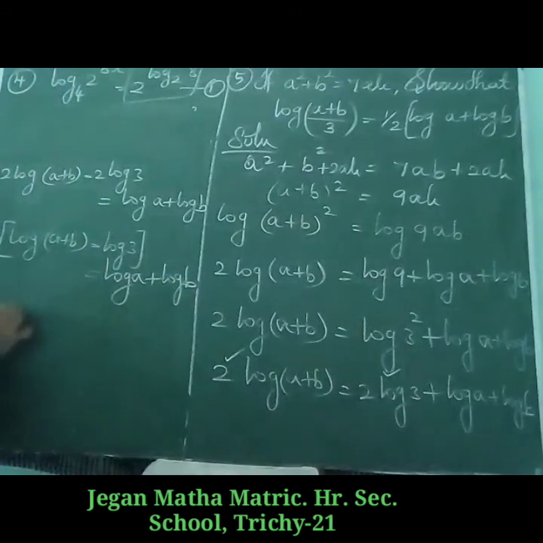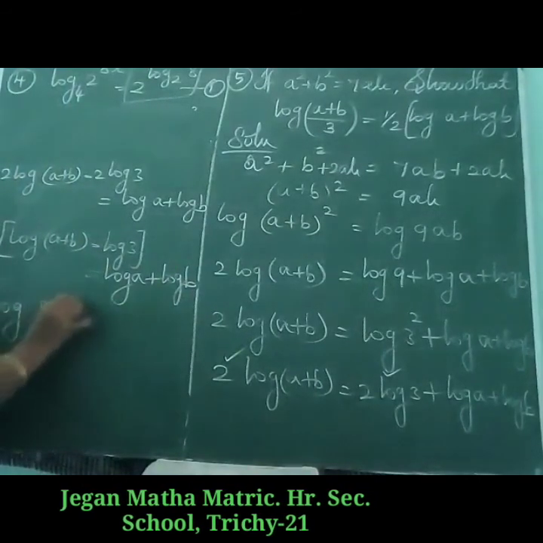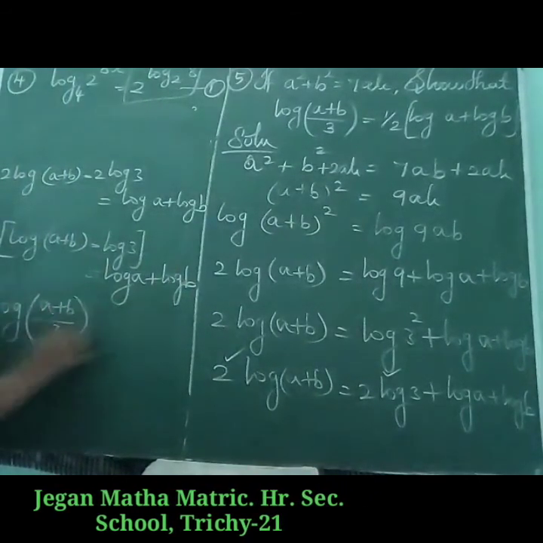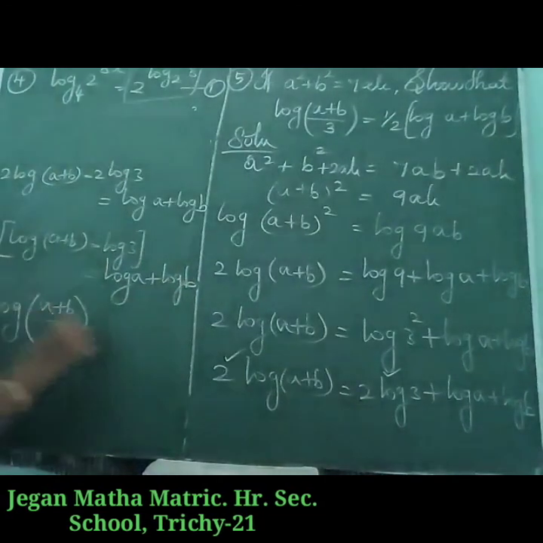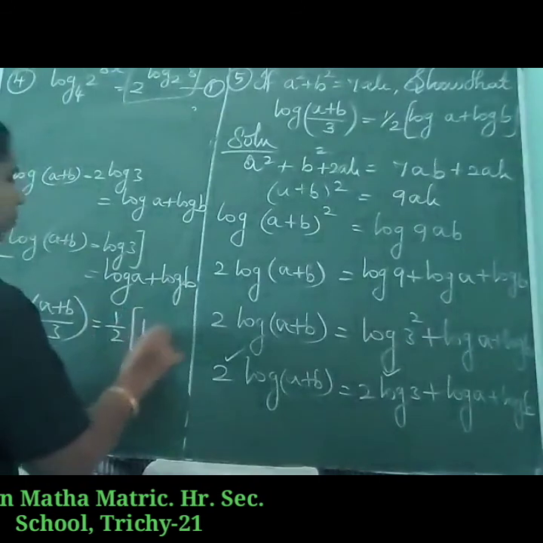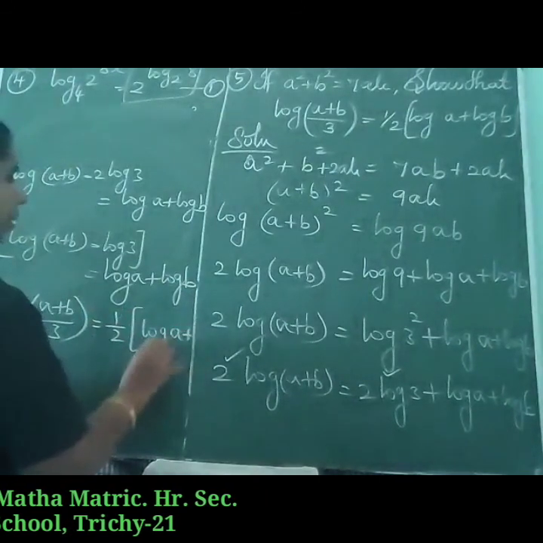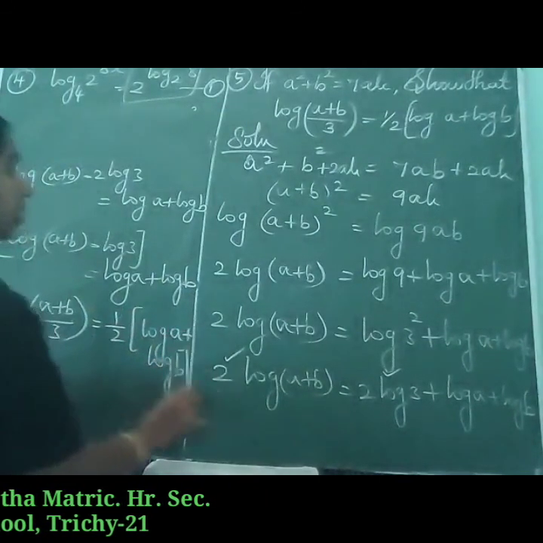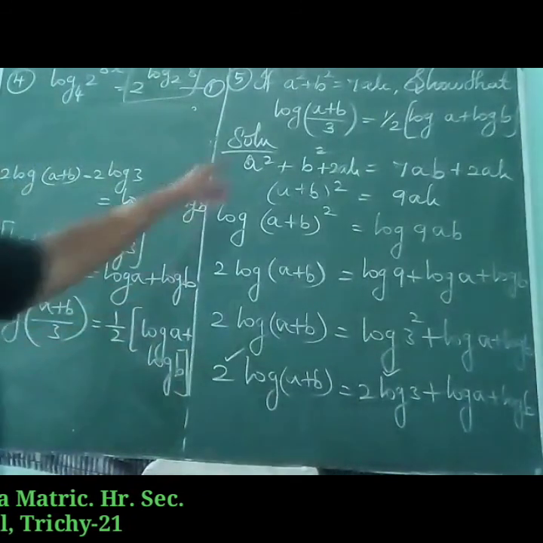So the left side can be written as log of A plus B by 3. When you are expanding this one, it is log A plus log B, which is equal to 1 by 2 into log A plus log B. This is the proof we have to derive.